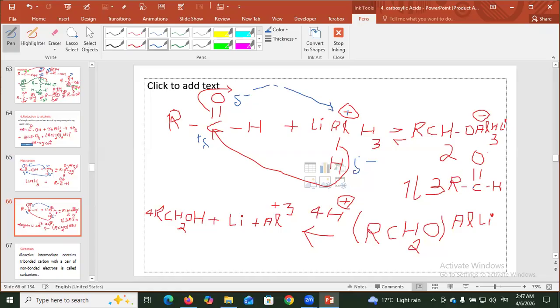It again reacts with another aldehyde and is treated with acid, producing alcohol.